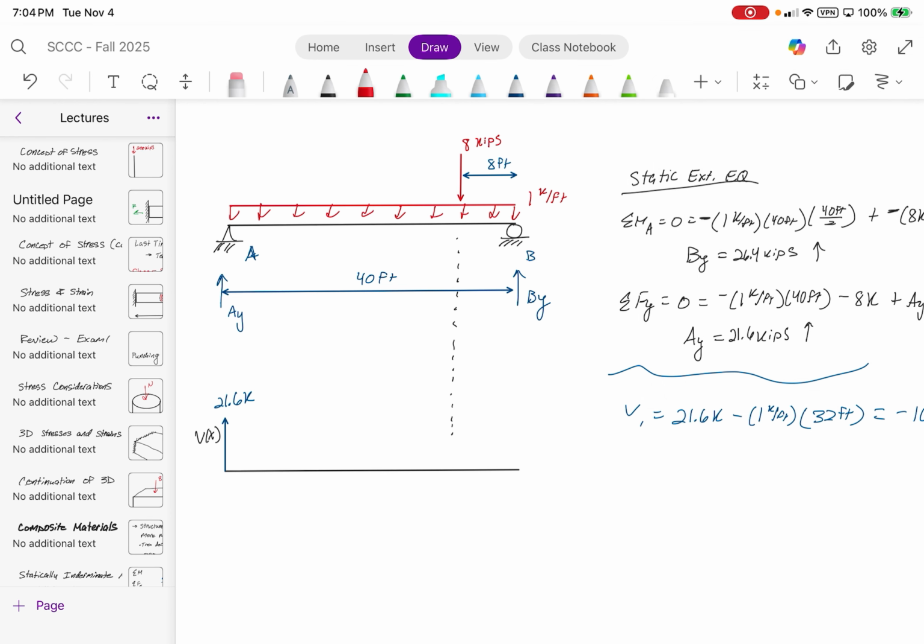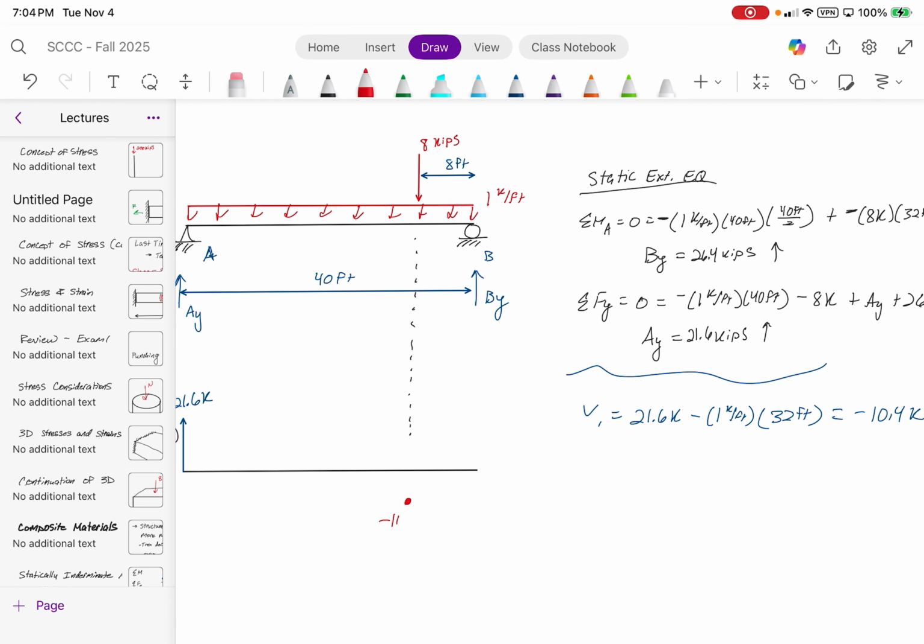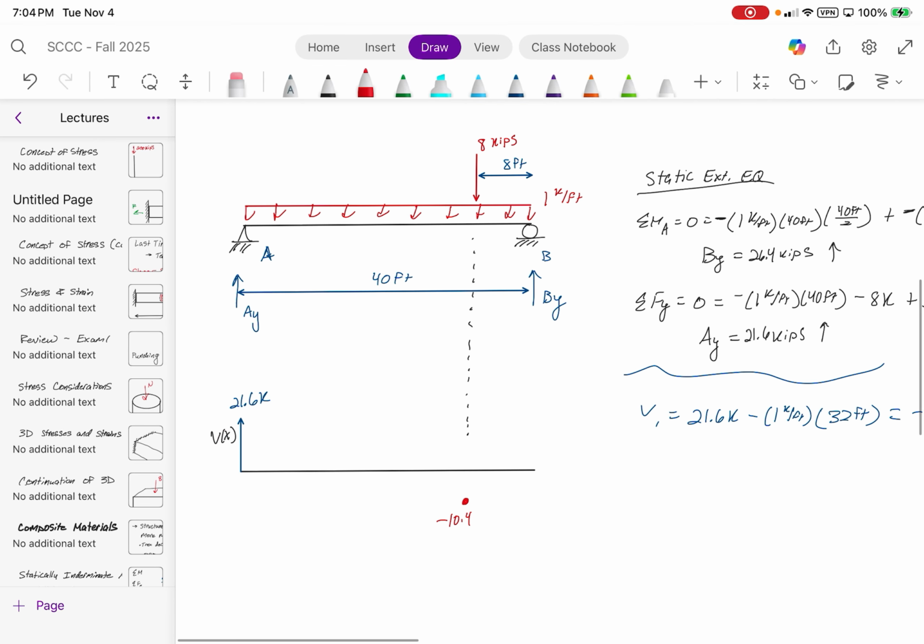That puts us somewhere around here. I'm actually going to move that slightly over. So from there, you draw a straight line, because it's a linear distribution. Positive and negative.